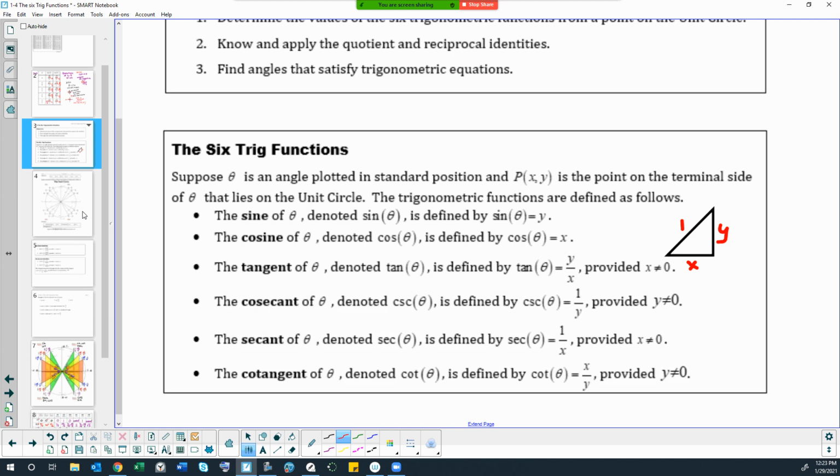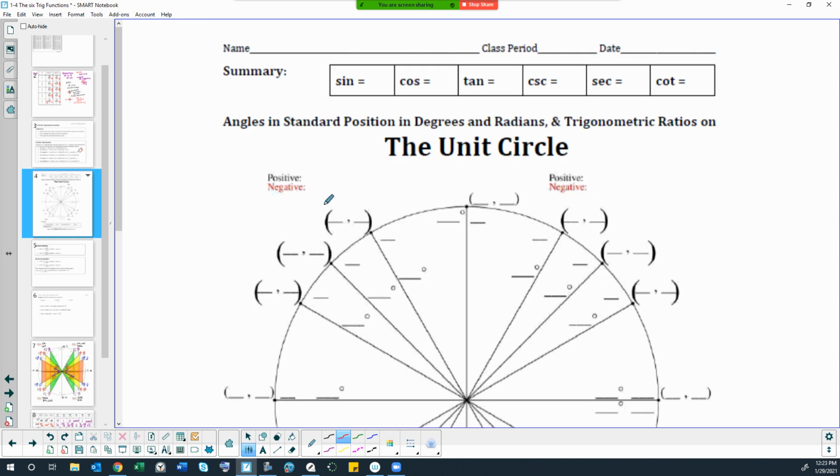So just wanted to show you on your blue charts, I put these little boxes up here, so you could just have this all on one page for your convenience. So sine is y, cosine is x, tangent is y over x, cosecant is 1 over y, secant is 1 over x, and cotangent is x over y.